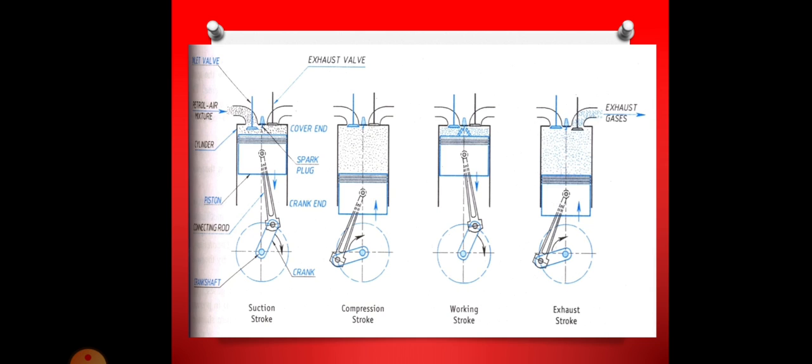Here the air fuel mixture is going inside through the inlet valve. Between the second and third point, during the conversion from second to third, the spark plug ignites the combustion, whatever combustion takes place inside the cylinder. Spark ignition takes the combustion and starts igniting, thereby the engine starts. So this is the cycle of the 4-stroke petrol engine.